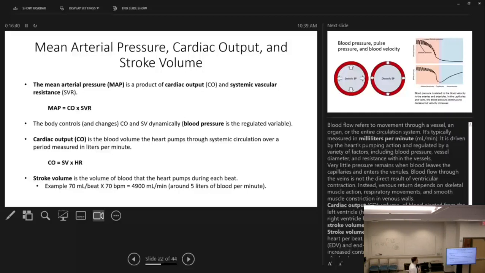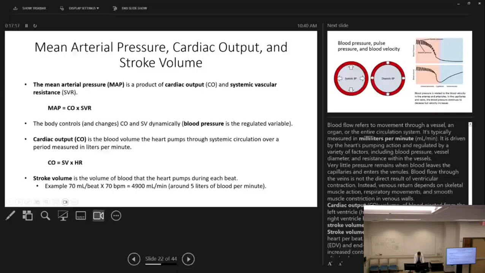The left ventricle has a cardiac output of 5 liters per minute, and the right ventricle too, because those 5 liters are going to go through the lungs to enter the left ventricle. The ventricle is going to pump them out, then they are going to return. So both ventricles are going to have a cardiac output of 5 liters per minute. If you add the two sides of the heart together, then we have a total of 10 liters per minute at rest. But we typically study only one of the chambers to make it easier.